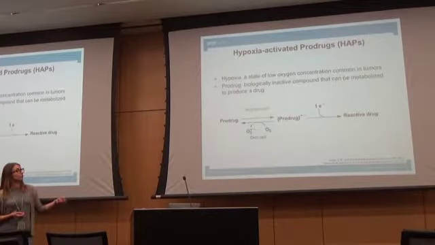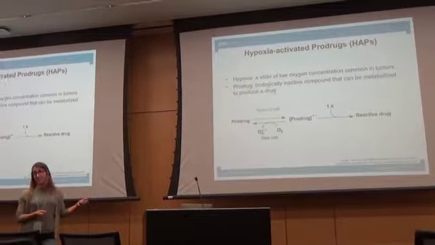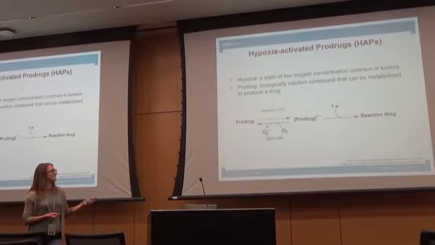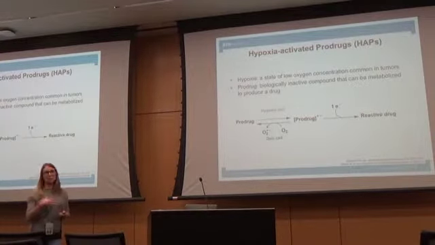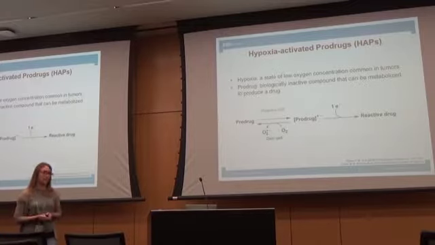Then there is a further reduction to the reactive drug. In oxygenated cells, this free radical intermediate is inhibited by the presence of oxygen, which takes the radical, and the prodrug gets back to the inactive state.